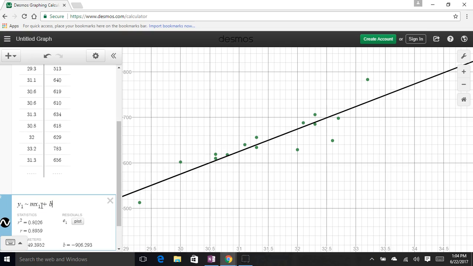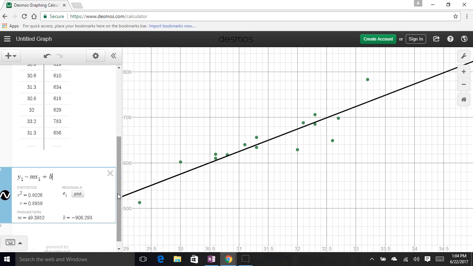And what it does, if you notice, is it spits out your m, your slope. It gives you your slope, and it gives you the y-intercept, the b, right there. So it's giving you the m and the b for that black line right there, which is the line of best fit using the regression model from statistics.